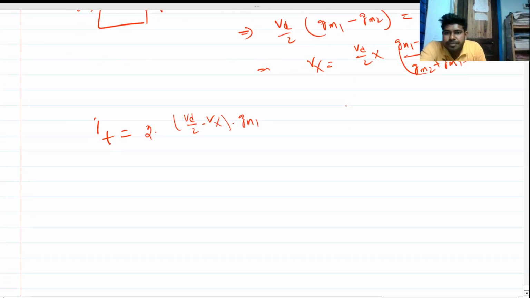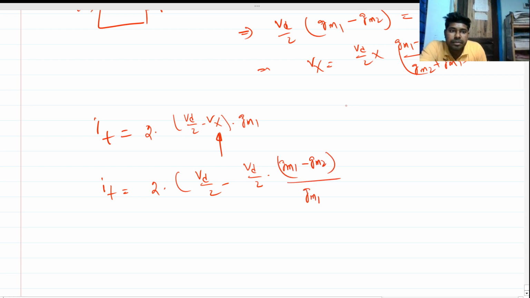Now if we put Vx over here, 2 times Vd by 2 minus Vd by 2 times (Gm1 minus Gm2) by (Gm1 plus Gm2) into Gm1. So this is the case.